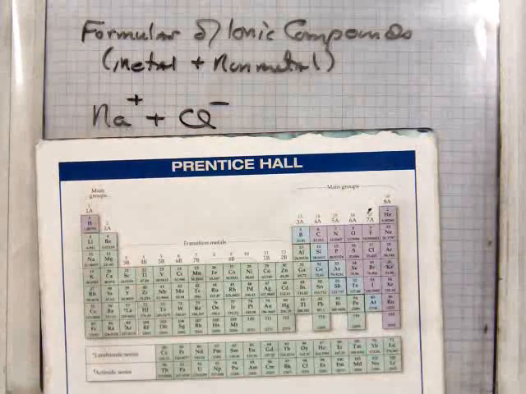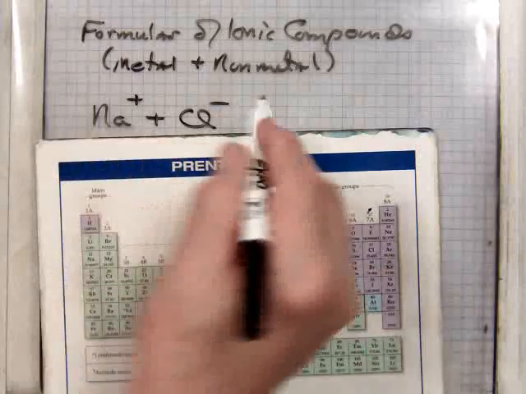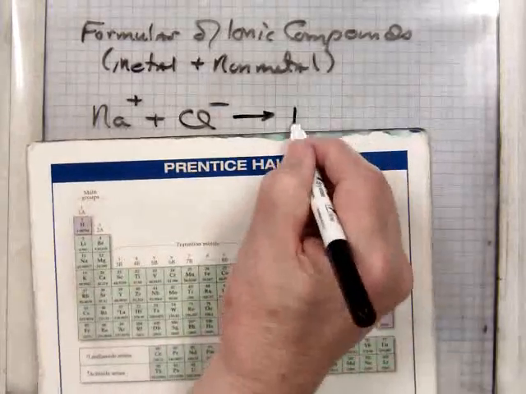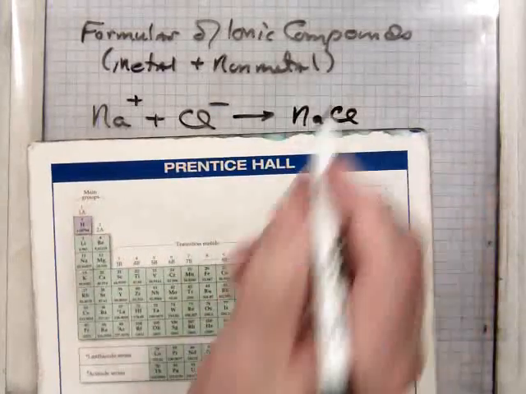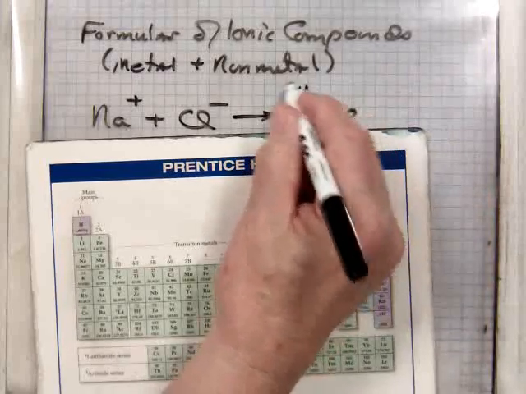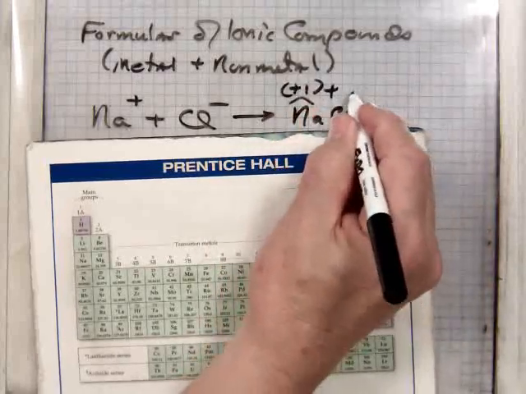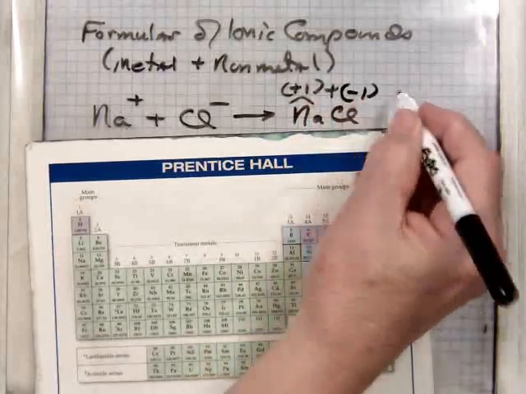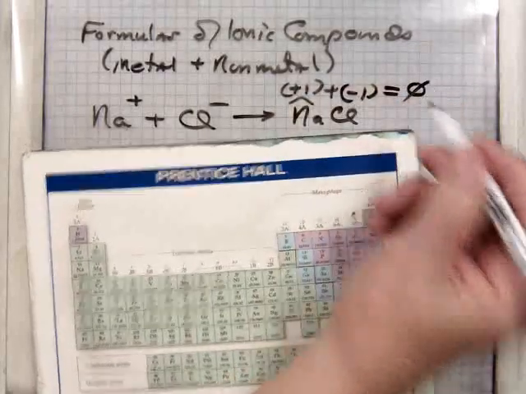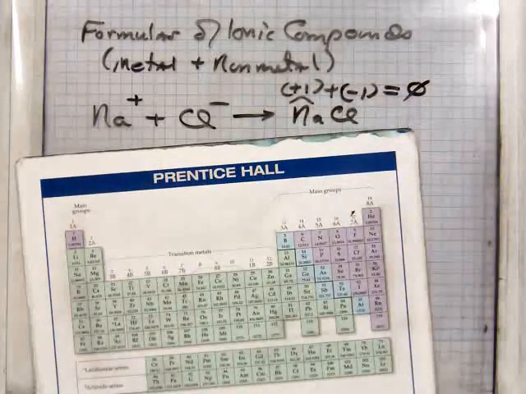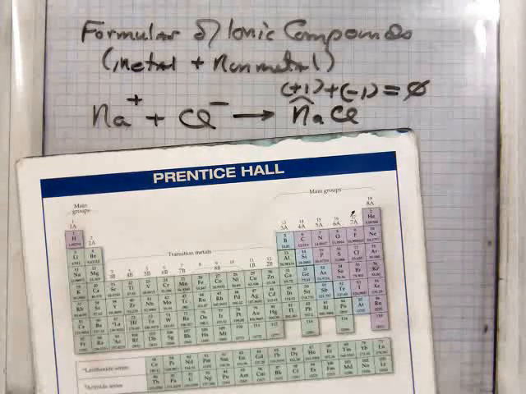And so when I hook these together chemically, Na bonded to Cl, what I want is a +1 plus a -1 to be 0, and of course it is. And so that verifies the number of elements of each type that you need to make a legitimate formula. Now, with ionic compounds, you reduce the subscripts to the smallest whole number ratio.